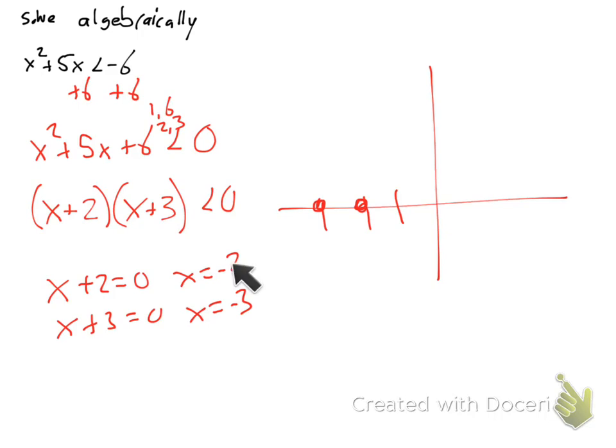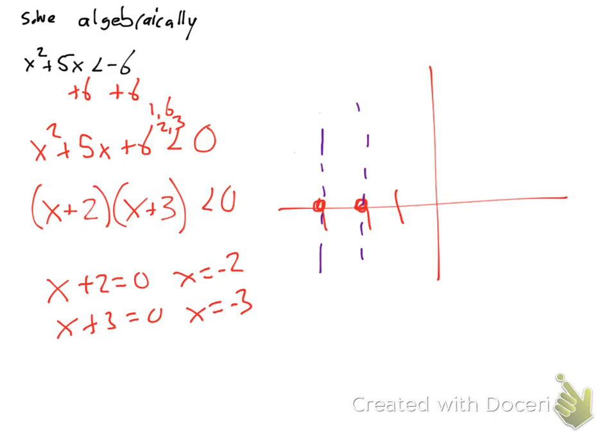These values of -2 and -3 are splitting our x's. Now I'm going to draw some dotted lines that do not exist, okay? It's almost like our graph has 3 zones. I got zone 1, zone 2, and zone 3. Your job is to figure out which one of those zones works.